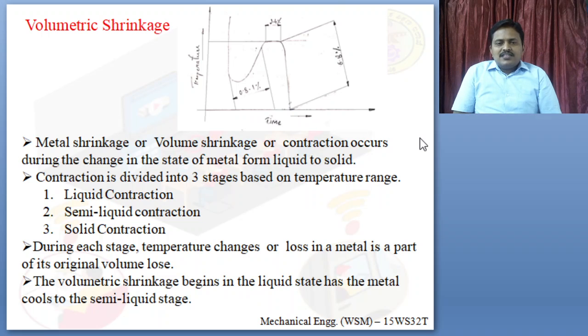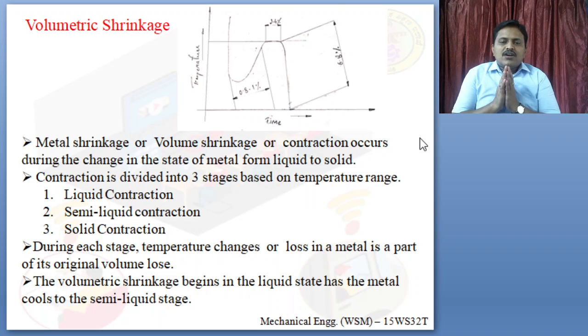So what does volumetric shrinkage mean? It is a contraction that occurs due to the change in state of metal from liquid to solid. The metal form will change from liquid to solid.